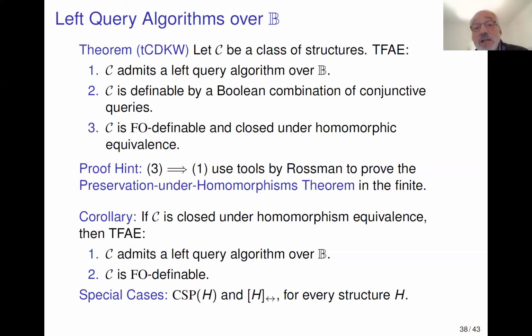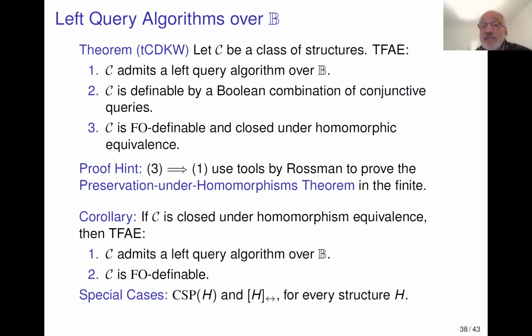There are many natural classes of structures closed under homomorphic equivalence. For example, all the constraint satisfaction problems, pretty much from the definition, it follows they are closed under homomorphic equivalence. So this characterizes which CSPs, which constraint satisfaction problems, are first-order definable, and admit left query algorithms, namely precisely the ones that are first-order definable.